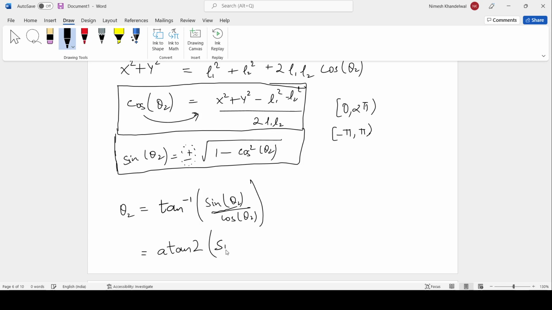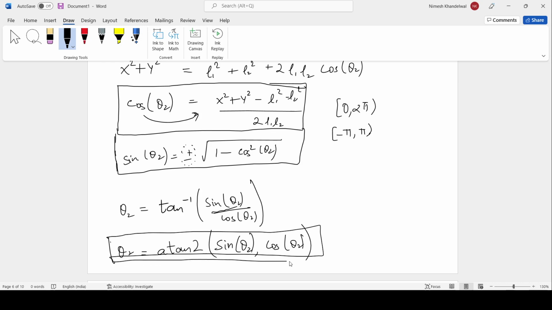This function preserves the quadrant of the angle. So this sign can be plus or minus, and we have essentially calculated theta 2.